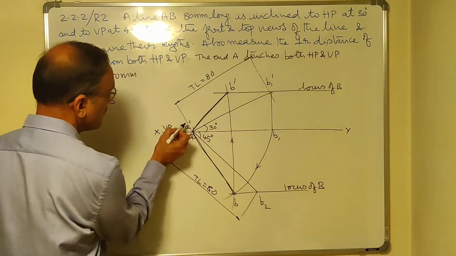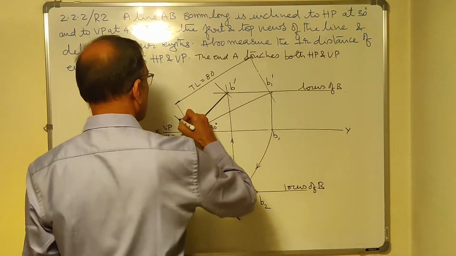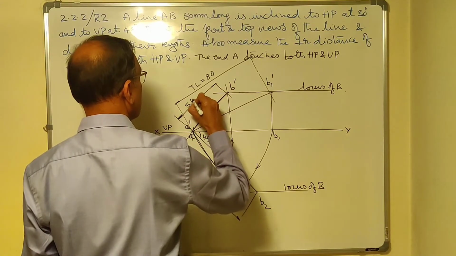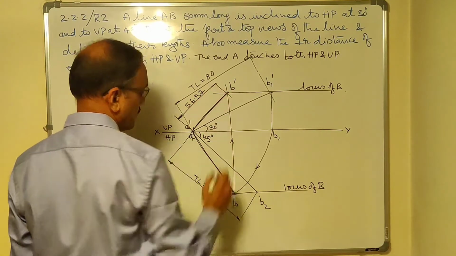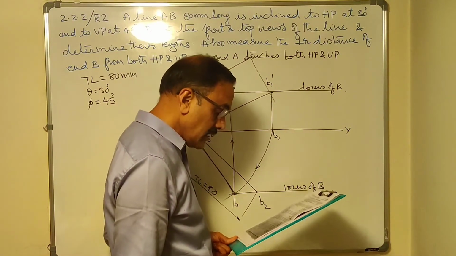So when you measure this, it should come to 56.57, and AB is 69.28.